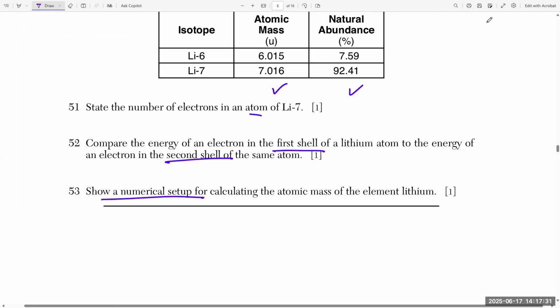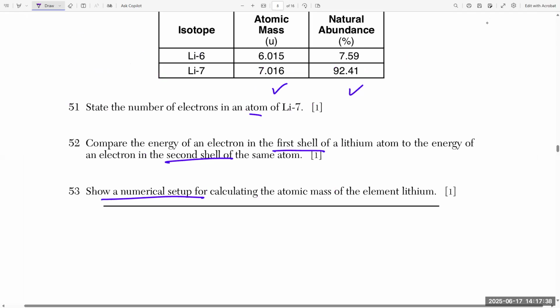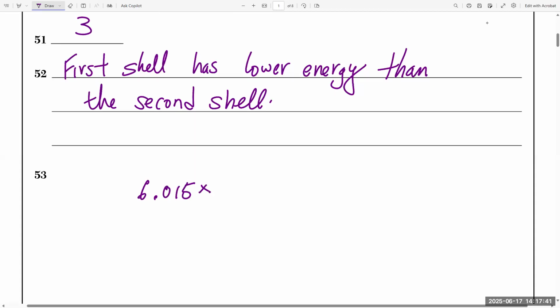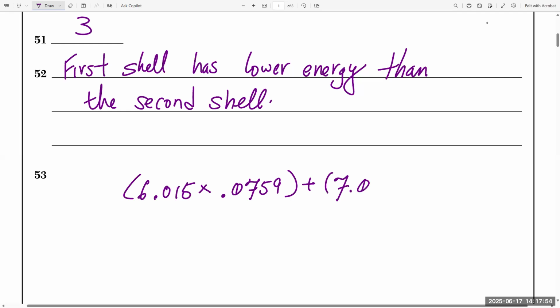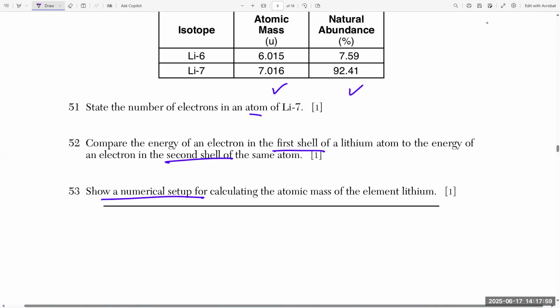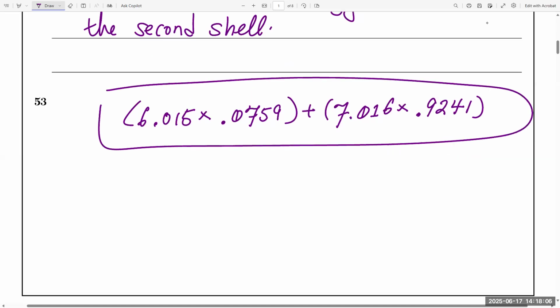It's going to take the atomic mass 6.015 times the abundance as a decimal, 0.0759, plus the mass number 7.016 times its percentage in decimal, 0.9241. So this is the answer to 53.